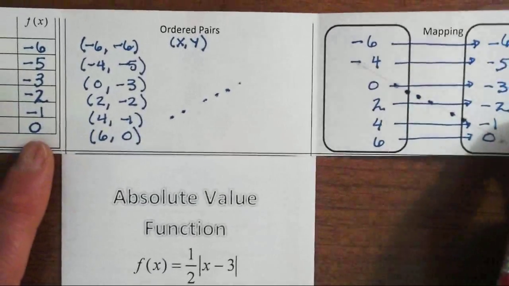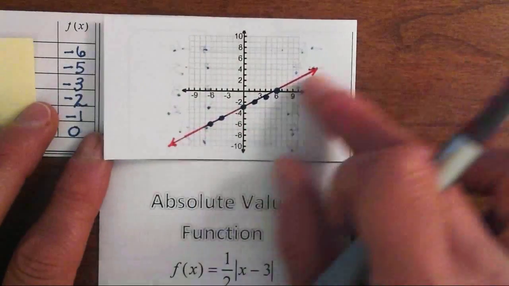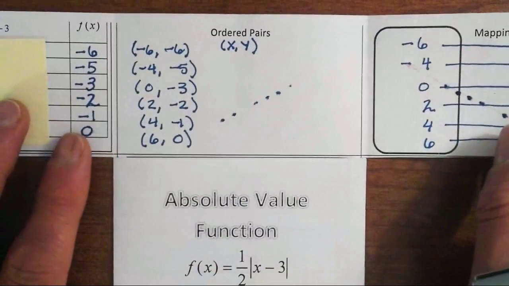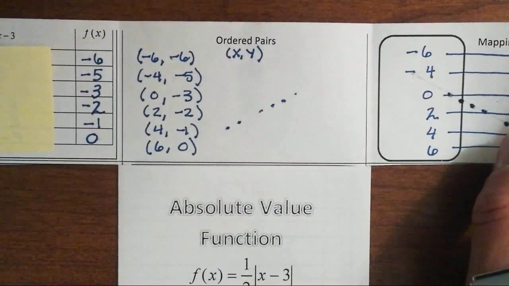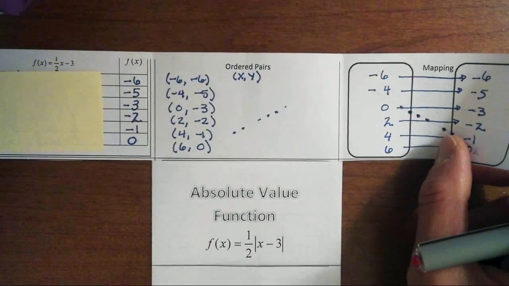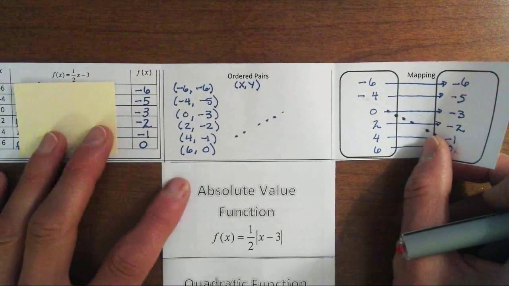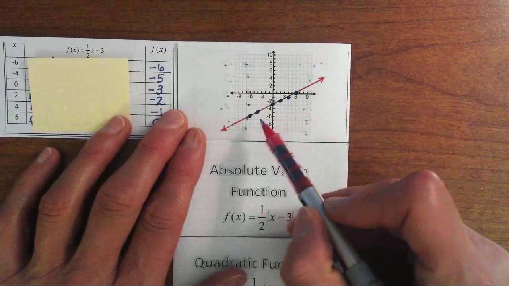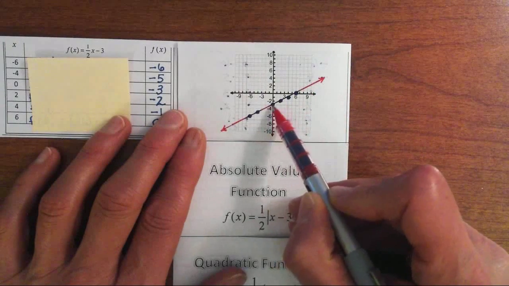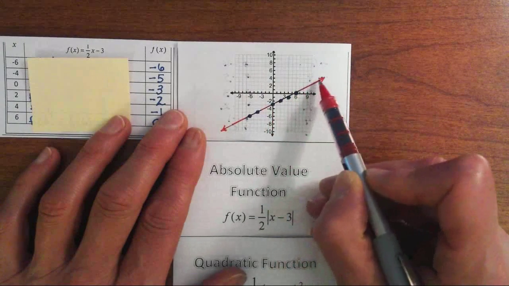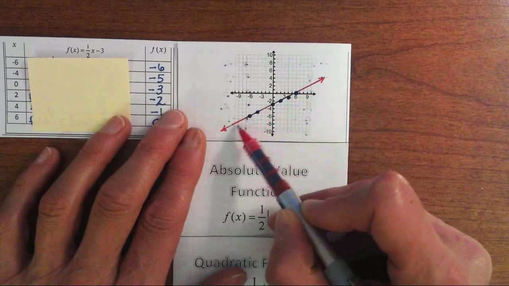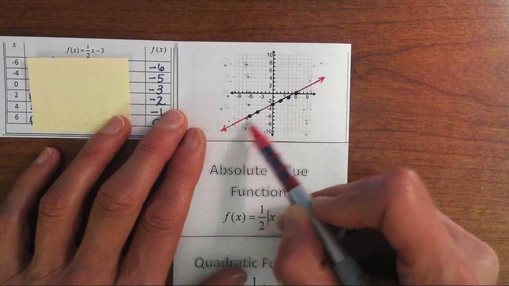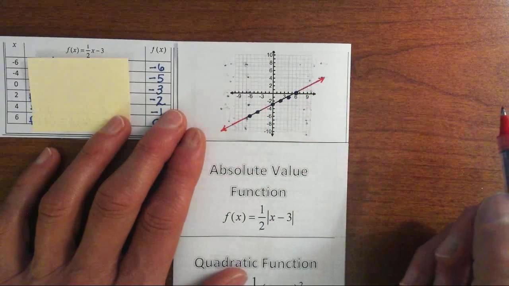Now, the only thing that's different with the line and with these other 3 methods of showing you the value of the equation y = f(x) = 1/2 x - 3 is that with the line, my solutions are not just these points. It's everything in red. So I have an infinite number of outputs and an infinite number of inputs.